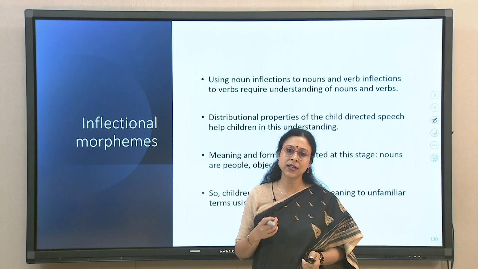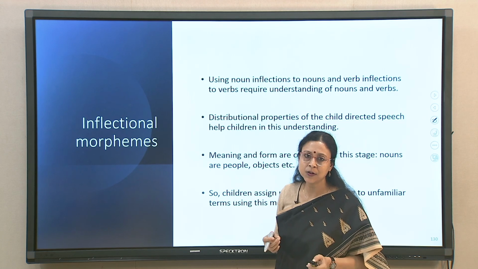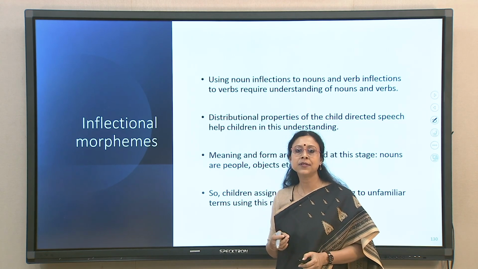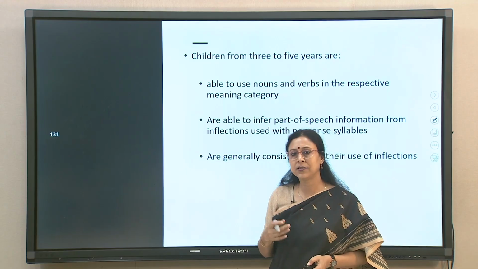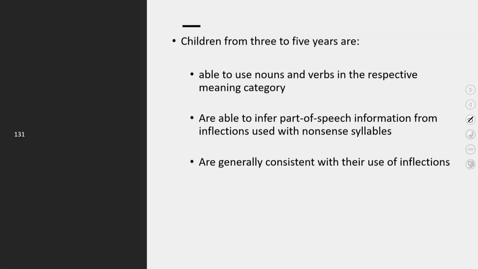As a result, children assign preliminary meaning to unfamiliar terms using this method. From 3 to 5 years, they are able to use nouns and verbs in the respective meaning categories, and are able to infer part of speech information from inflections used with nonsense syllables, and are generally consistent in their use of inflections.